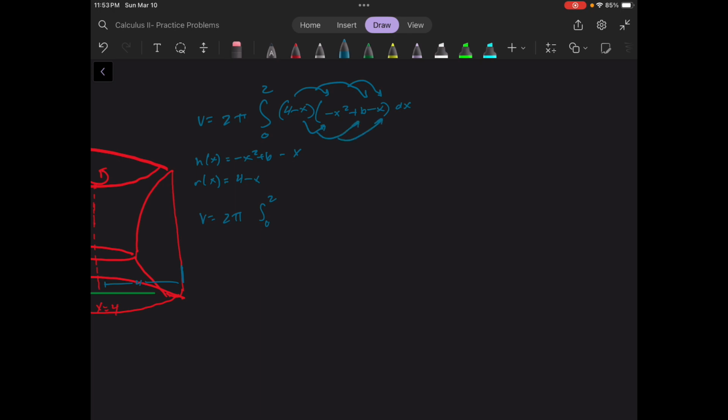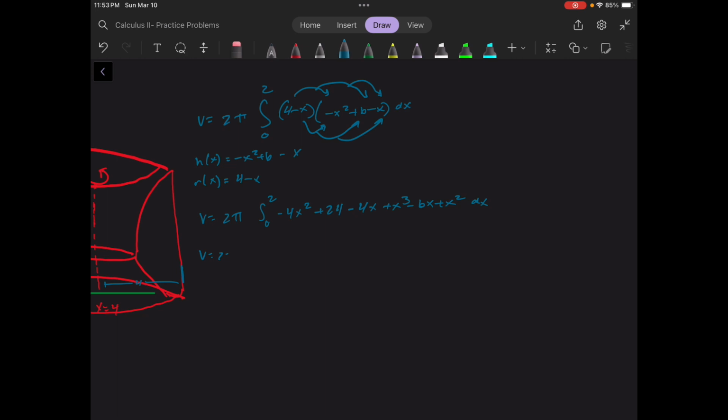And trust me, this is going to be a lot better than the alternative. So we have a negative 4x squared, and a positive 24, and a negative 4x from the first 4. And then when we distribute that negative x, we're going to get a positive x cubed, and a negative 6x, and a positive x squared. Right? Yes, we have a dx.